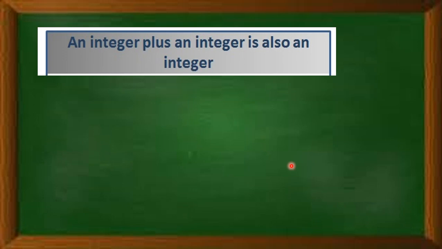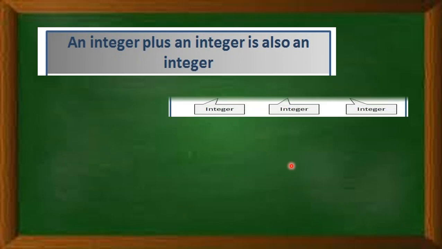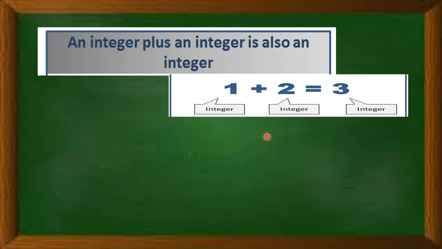First of all, the closure property. When an integer is added to an integer, what will the result be? That is an integer. Let's take 1 and 2. Both are integers. When 1 and 2 are added, we get 3. This 3 is also an integer.